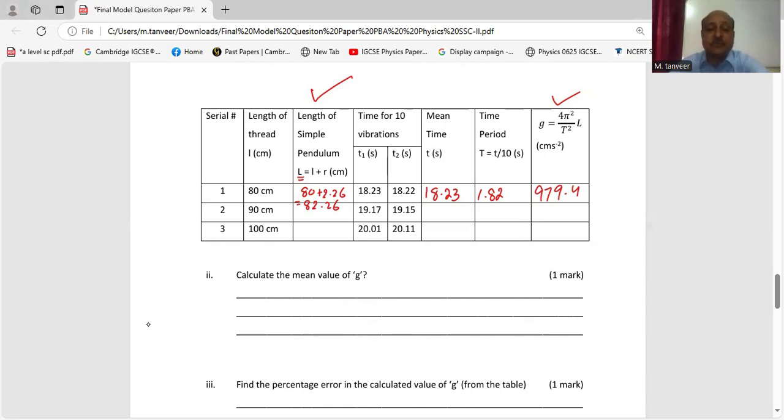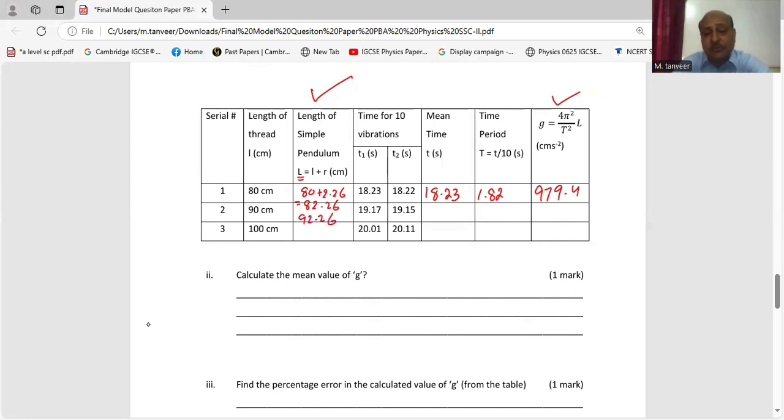This is the first value. Now the student changed the length. Instead of 80, he increased the length to 90 centimeter. So when you add the radius, it becomes 92.26.